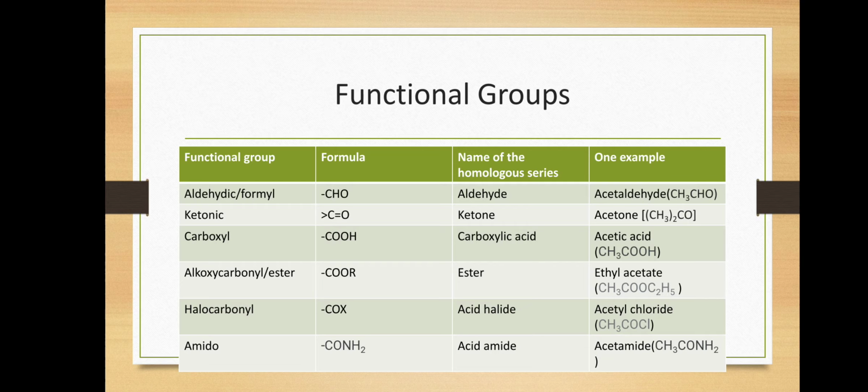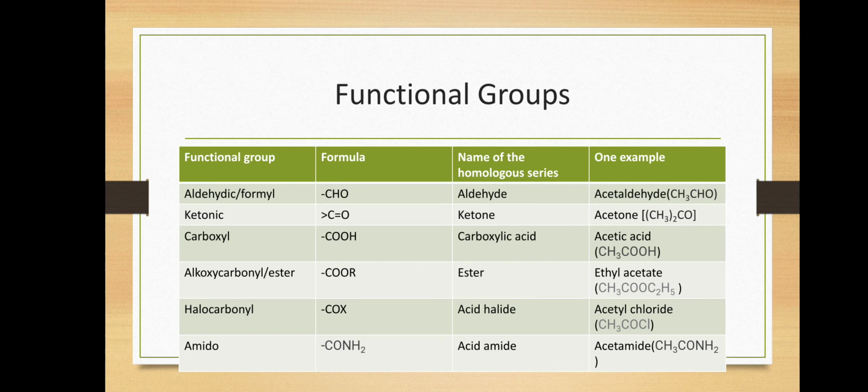Next it is carboxyl group. Its formula is COOH. Name of the homologous series is carboxylic acid and one example is acetic acid, CH3COOH. Next one is alkoxycarbonyl, or better, ester. Formula is COOR. You know R is the alkyl group here. Name of the homologous series is ester.